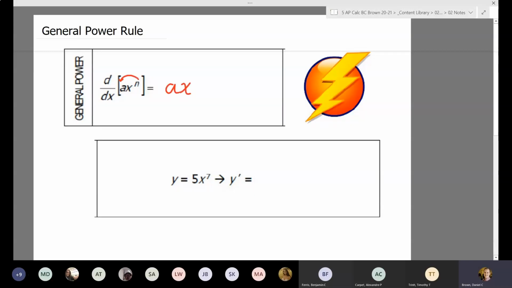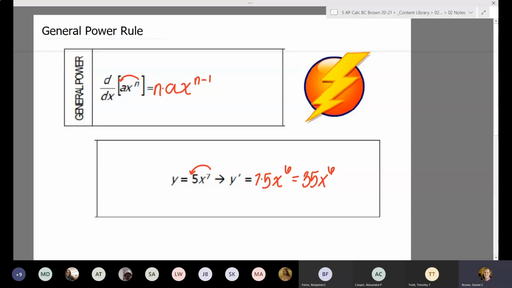The exponent is still going to come down in front, joining the coefficient, and we're still going to subtract 1 from the original exponent. So for your example, if we have y is equal to 5x to the 7th power, its derivative, that 7 is going to come down in front with the 5. The new exponent is a 6, which we can just simplify to be 35x to the 6th power.